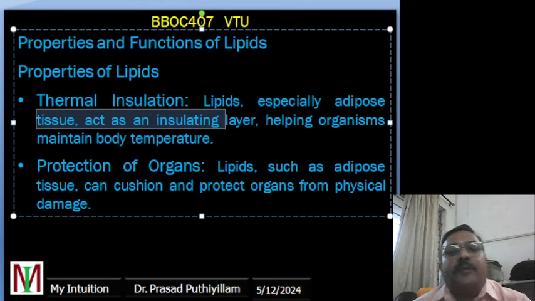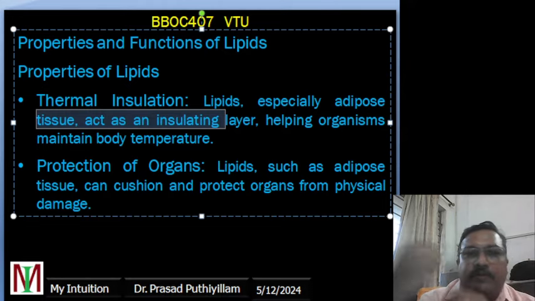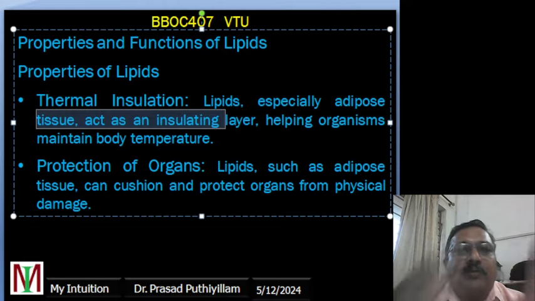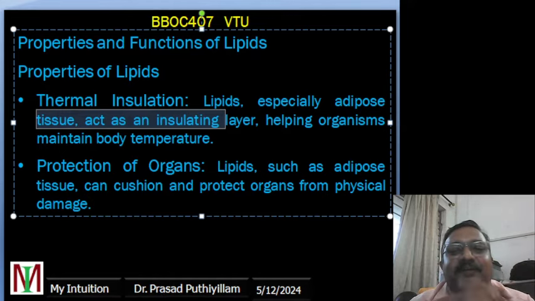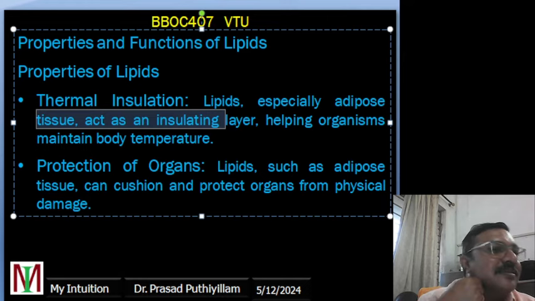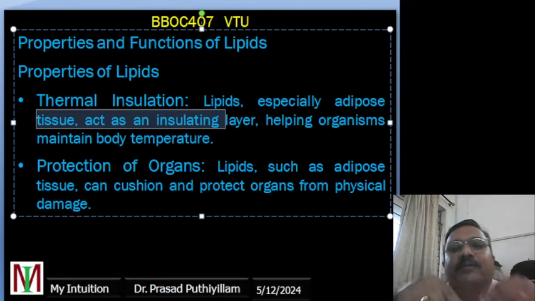Even the layer of fat found beneath the skin, we know that fat is stored in our body. You can check where fat is stored in your body. I am not showing you where it is stored on me. These are what we call subcutaneous fat.